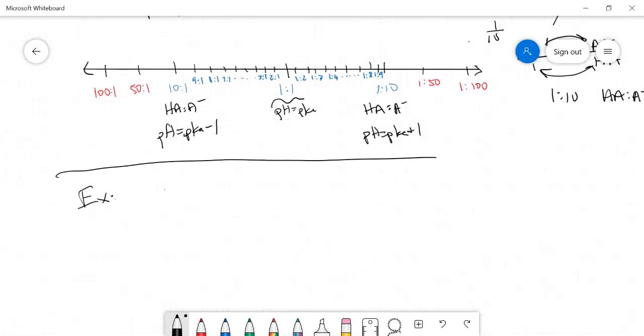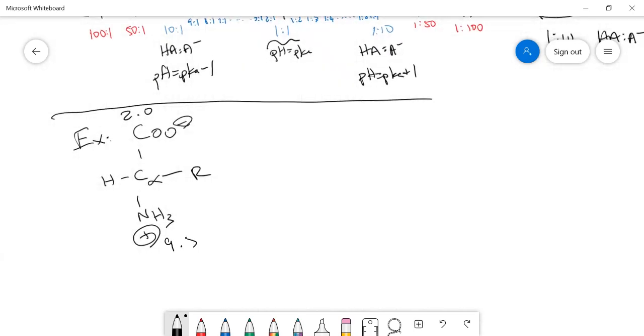So just to give an example of what I'm trying to say, I'm going to draw out a generic amino acid. We're going to put the alpha carbon, H, and the alpha amino group right over here. We're going to say that this is a free amino acid, so the pK of the carboxyl group is 2.0, and this one is 9.5.